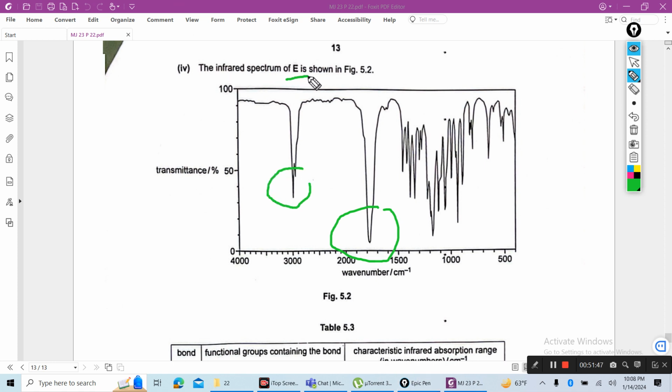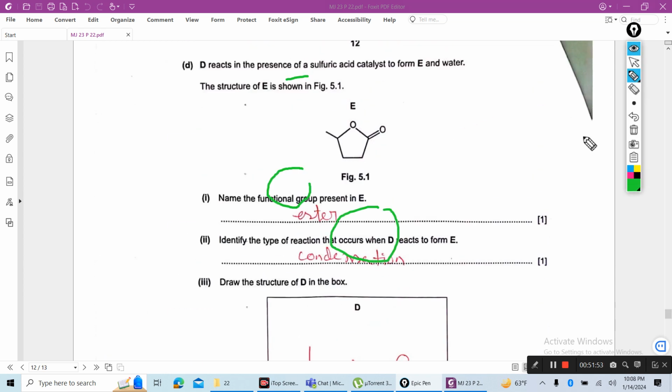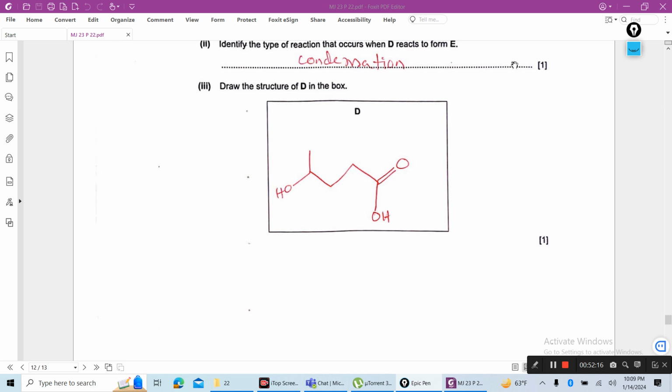This is the inverted spectrum of E. E means this compound, so it has a CO peak, the carbon-oxygen carbonyl group peak, and D has a carboxyl OH peak, a carboxyl CO peak and an alcohol OH peak.